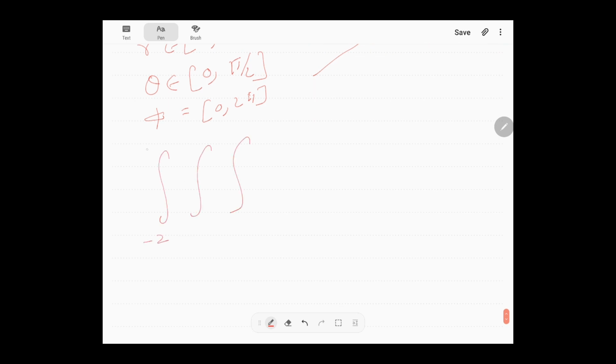In fact, he has given minus 2 to 2, minus root 4 minus x square to plus root 4 minus x square, 0 to root over 4 minus x square minus y square. And the integrand is z square into root over x square plus y square plus z square dz dy dx.